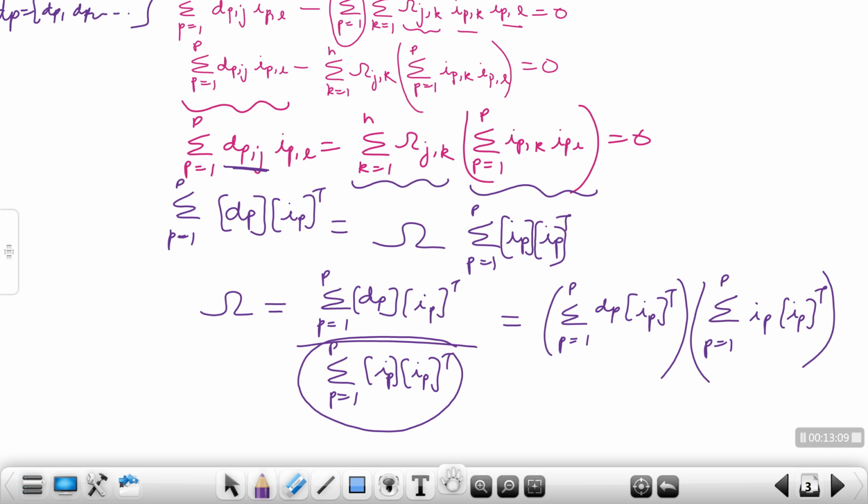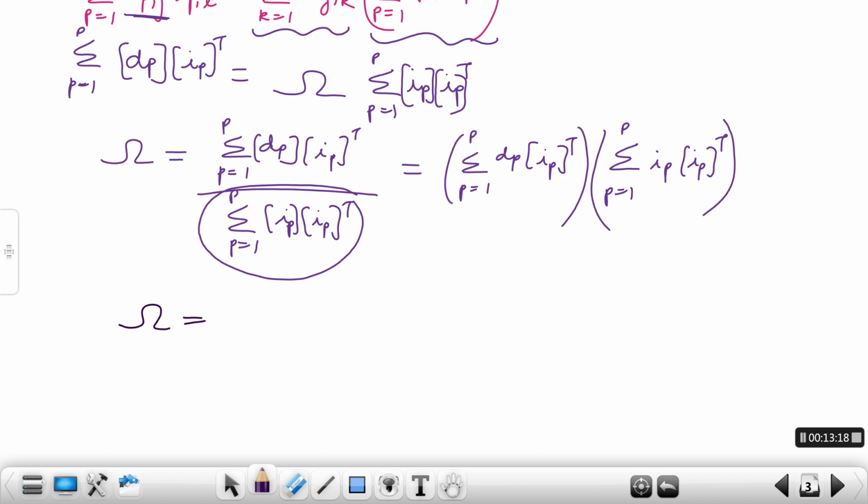And once I get this, I can write the equation in the form of matrices. So how do I do that? This part is nothing but D into I transpose. So I have D into I transpose. And what is this? Okay, I forgot to write the inverse here.